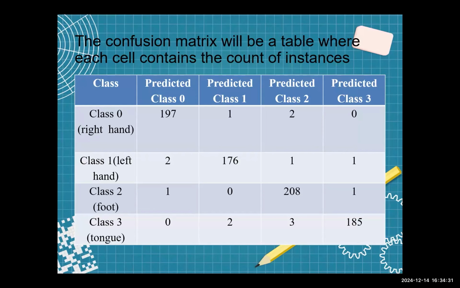Class 3, tongue, predicted class 0 as 0, predicted class 1 as 2, predicted class 2 as 3, predicted class 3 as 185. So these 5 samples are wrongly predicted. This is called true or false negative, false positive, sorry.